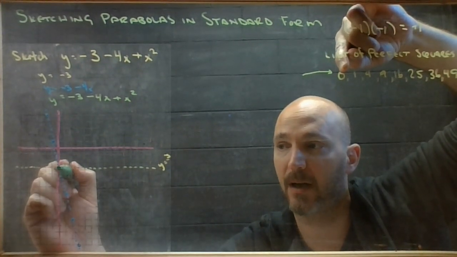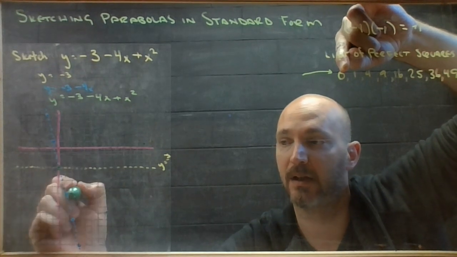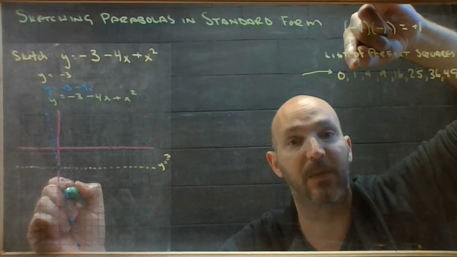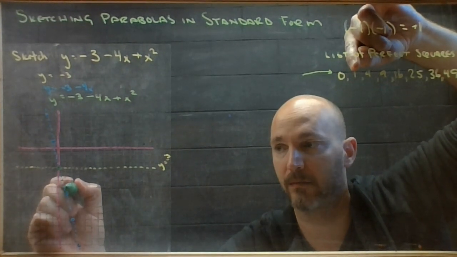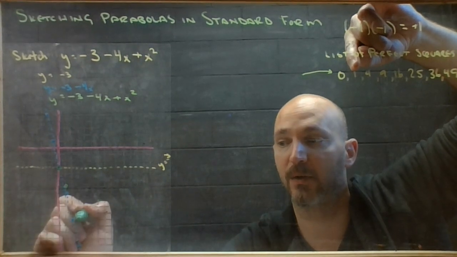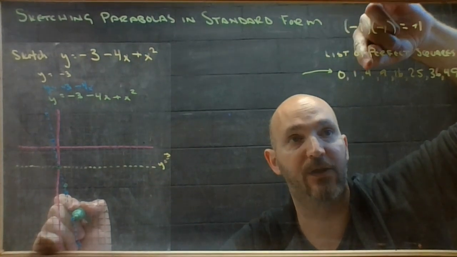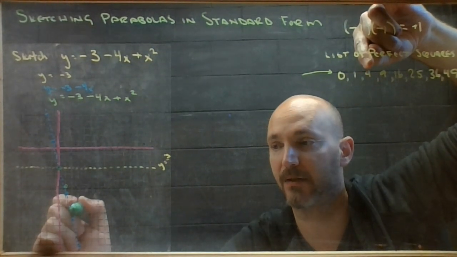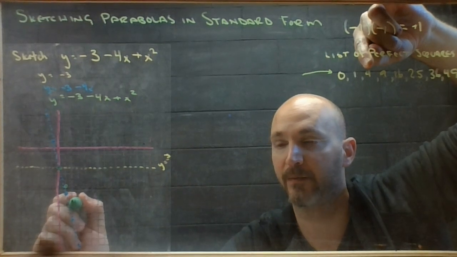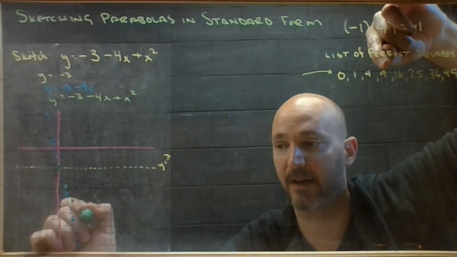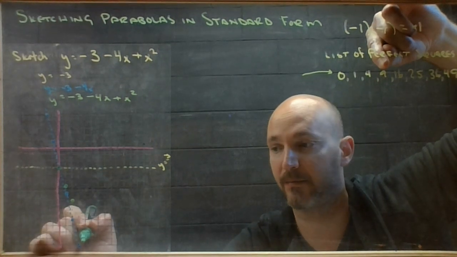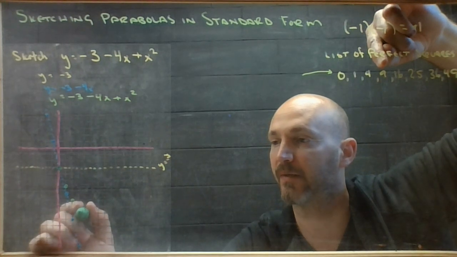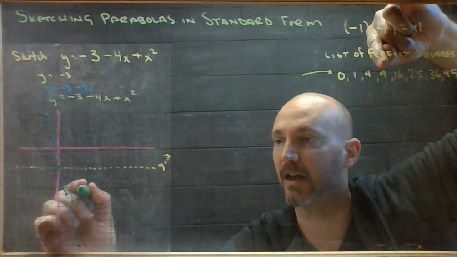So from here up 0, I'd be there. Take a step over, I'm on my next perfect square. From here, I should be up 1. Go to the next dot. I should go up 4 from there because that's my next x squared value. 1, 2, 3, 4. Next x value, I should be up 9 because that's my next perfect square in the sequence. 1, 2, 3, 4, 5, 6, 7, 8, 9.